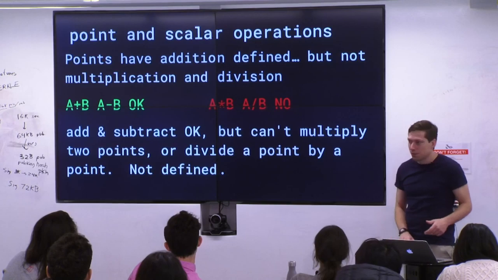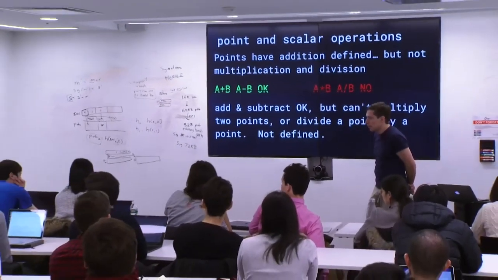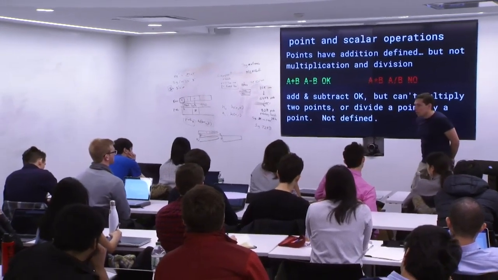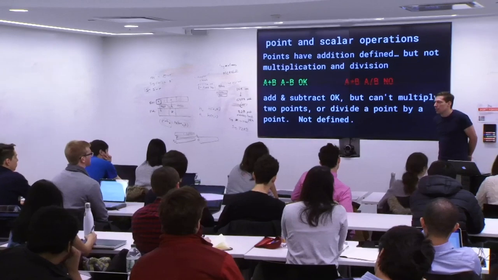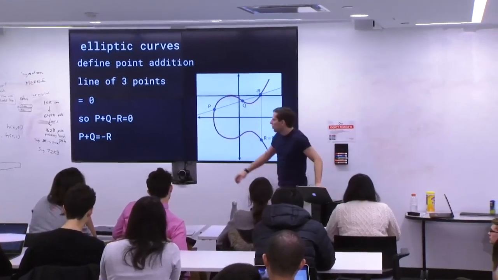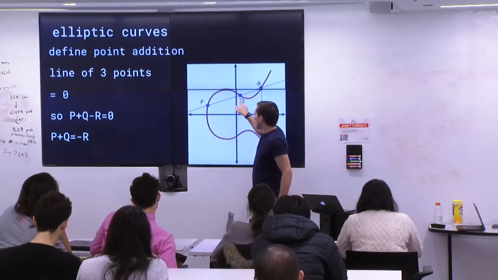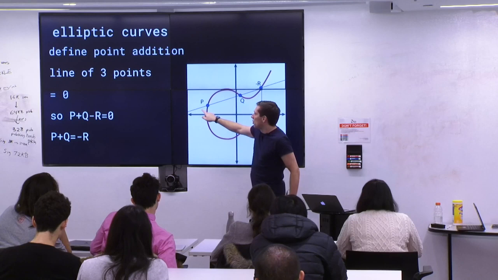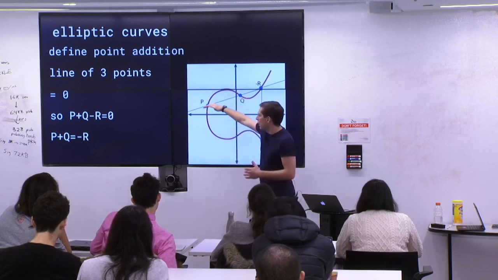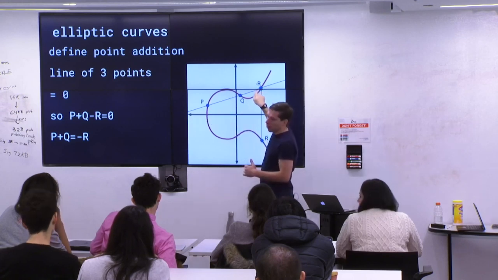Make sense? Yes. In the previous case, when you were adding points, what is defined as addition? Are you adding only the y components? You use both the x and y coordinates to add. When you're doing it in the computer, you say, what are the x and y coordinates of P? What are the x and y coordinates of Q? Find the slope, find where it intersects the curve at another point.